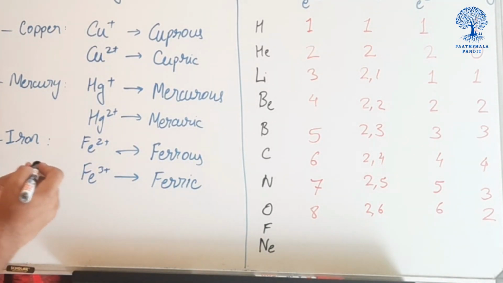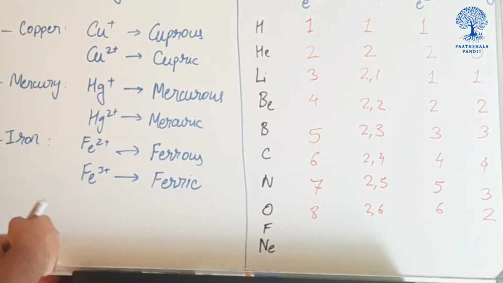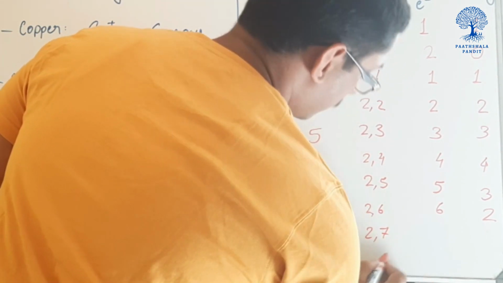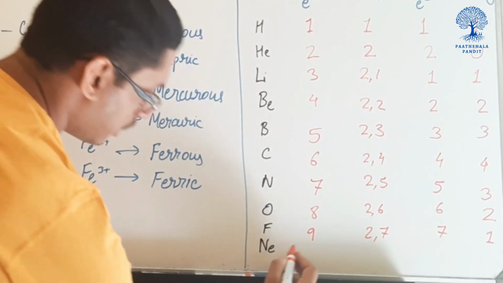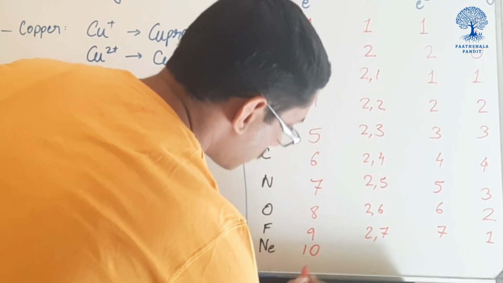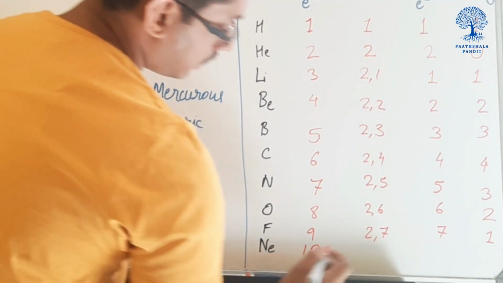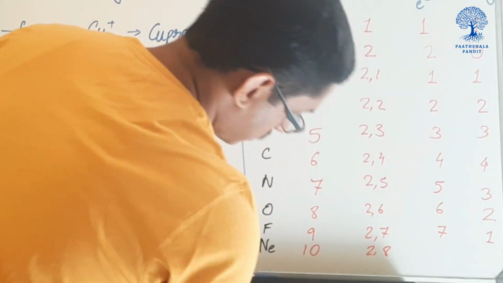Ne means neon. Fluorine is of 9 electrons, 2, 7, and neon is of 10 electrons. I hope you can see it from here. Yes, okay. 10 electrons, 2, 8.